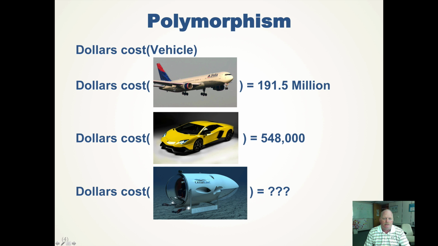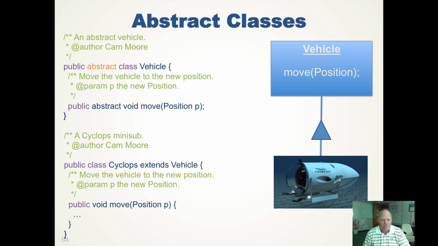So if you pass in a 767, it costs $191.5 million, whereas a Lamborghini is cheap at $548,000, and the submarine has no cost yet because it doesn't exist. It will be available in 2016. But the cost method can be called on many different types of objects. That is polymorphism, or many shapes, or different shapes.